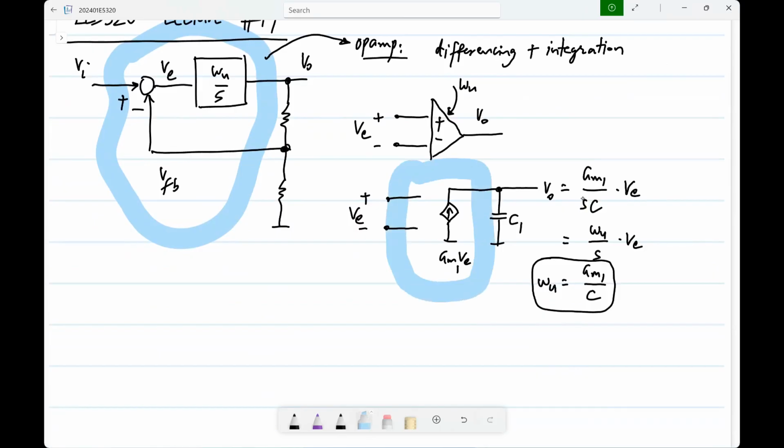So what is a block that we could use? Oh, by the way, before I go further, let's say we implement it here.